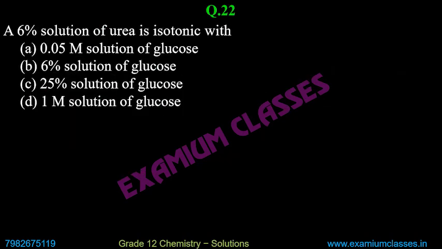Next question. A 6% solution of urea is isotonic with. We have done these type of questions. You just need to equate the concentrations.